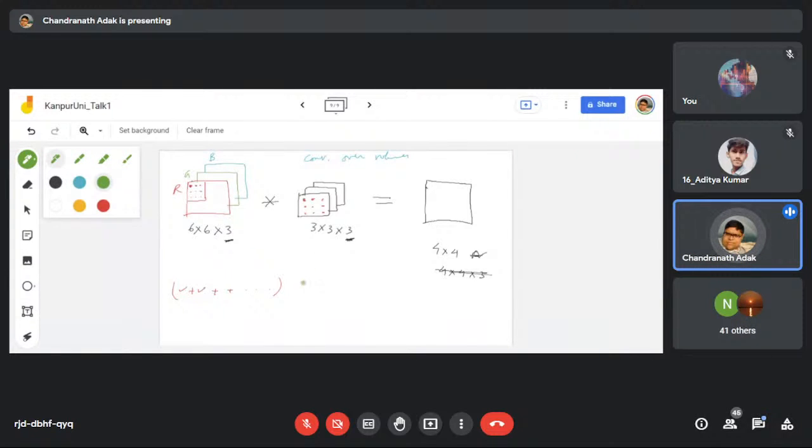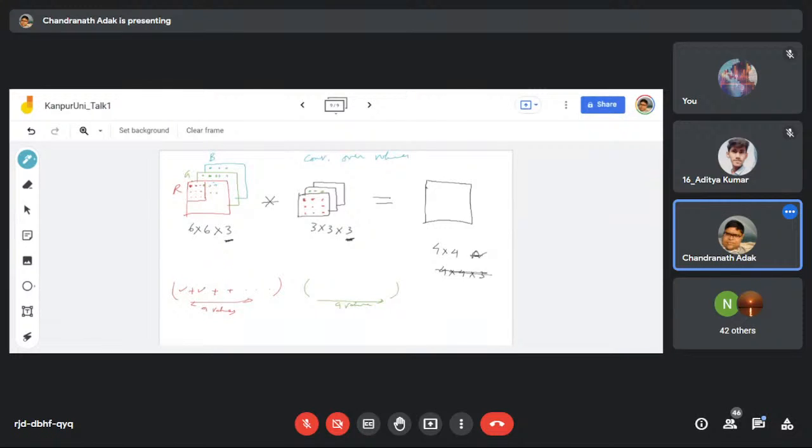Then for the green channel also, I will multiply these 9 values and these 9 values in this green channel and add it up over here. So 9 values. Here also in the red channel I had 9 values. Look carefully. Then in the blue channel also I have 9 values.